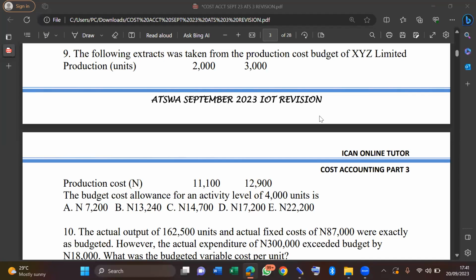I like you, sharpshooter. 11,100 divided by 2,000 times 4,000 gives you 22,200. Yeah, try 12,900 divided by 3,000 times 4,000.